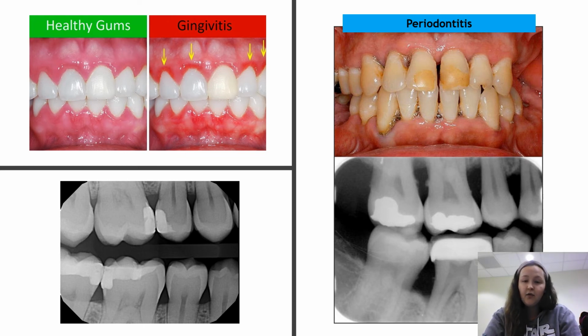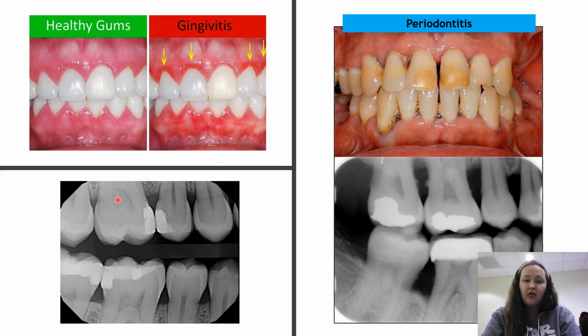If you see these little thorns right here, they look like little thorn buds on the roots. I'm sorry, my pointer was not working. Right around here on the right picture, you have these little thorns on the roots of your teeth. That's calculus.